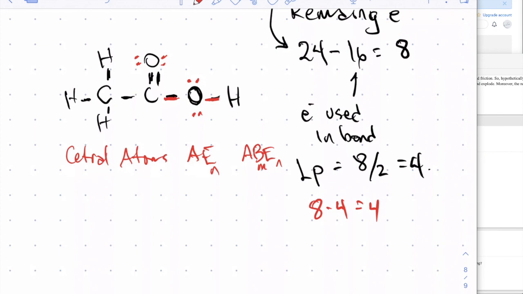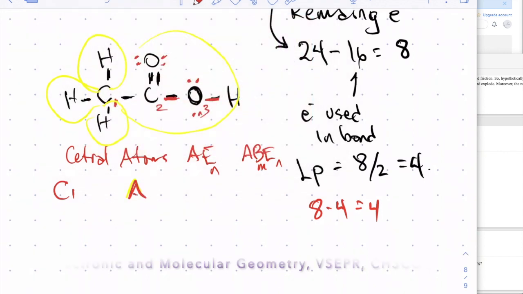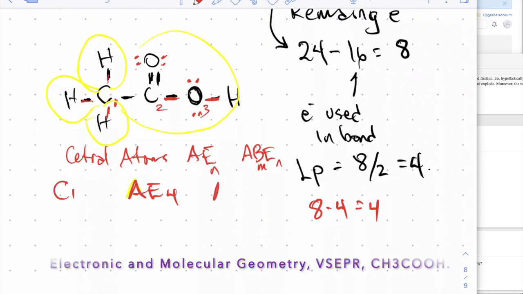So the first central atom, and there's 3 of them, is C1. C1's right there. If you look real closely, you will see that there are 4 regions of electron density. So that's going to be AE4. And if you look at each one, there are bonded atoms, so that's an AB4.